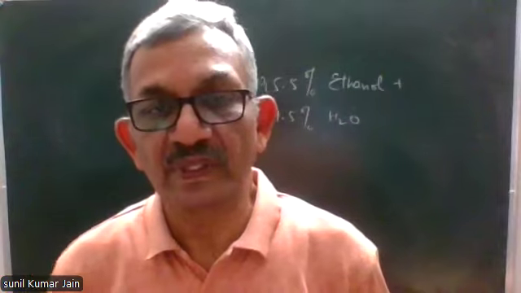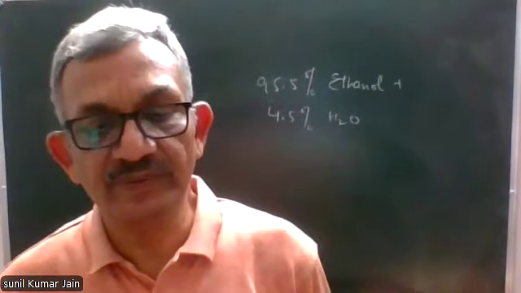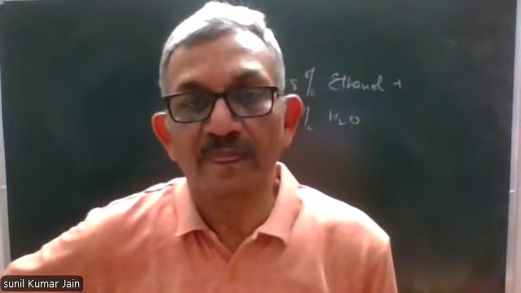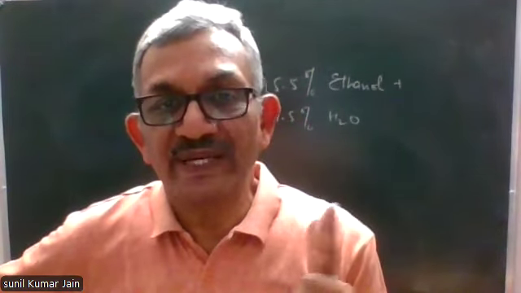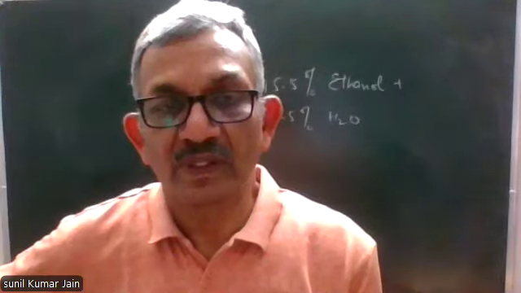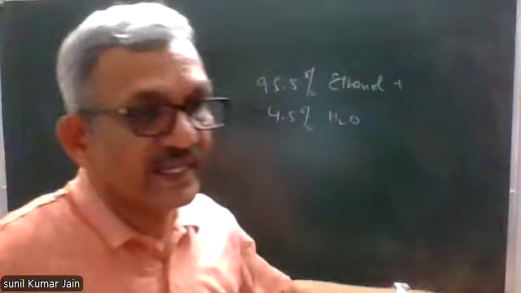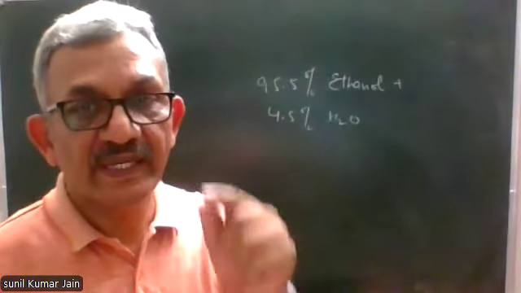These are binary solutions of two liquids which show negative deviation from Raoult's law and have a minimum vapor pressure at an intermediate composition whose boiling point is maximum.